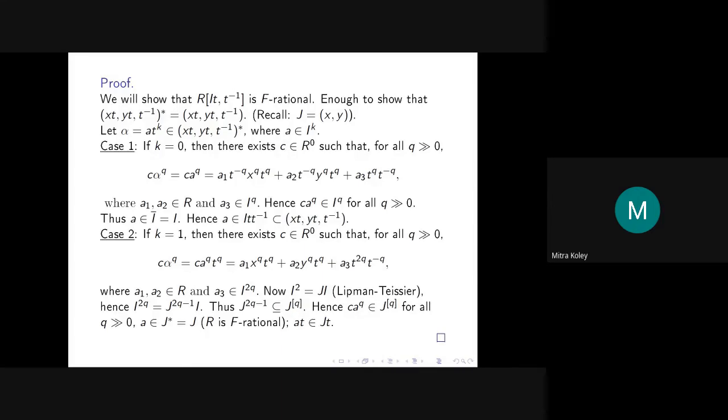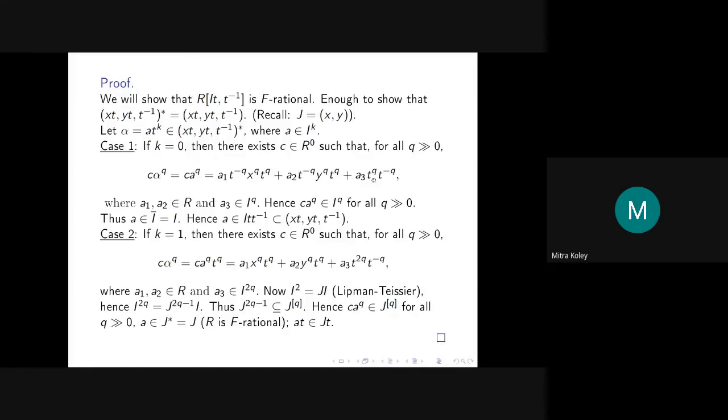If k equals 0, then since alpha is in the tight closure, there exists a c in R° such that for all q large, c alpha^q, which equals c a^q, has an expression in terms of (xt)^q, (yt)^q, and t^(-q), where A1, A2 are in the ring R, but A3 is in the q-th graded component.